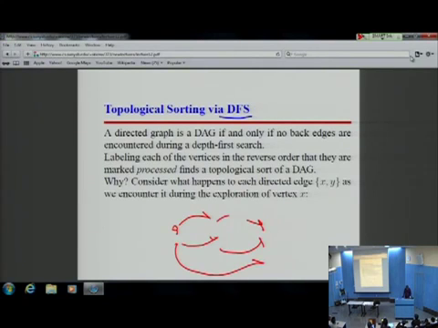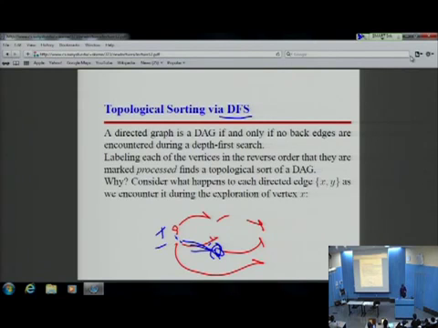All my edges are supposed to go from left to right. If I started searching from here, I will go discover this edge. I'm going to explore everything from this vertex before I get back to this vertex. That's the thing that depth-first search did. Remember, when it discovered something, it immediately explored that completely before getting back to me.